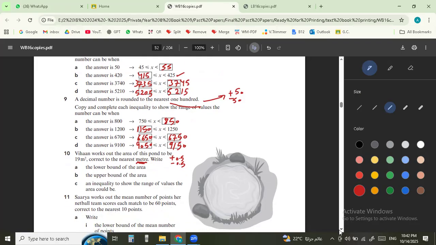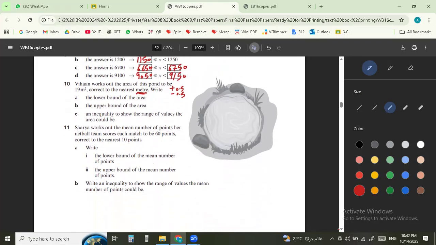Let's do it. The lower bound of the area, 19 minus half, 18.5. Add half, 19.5. An inequality, so x is greater than or equal to the lower bound, less than the upper bound.